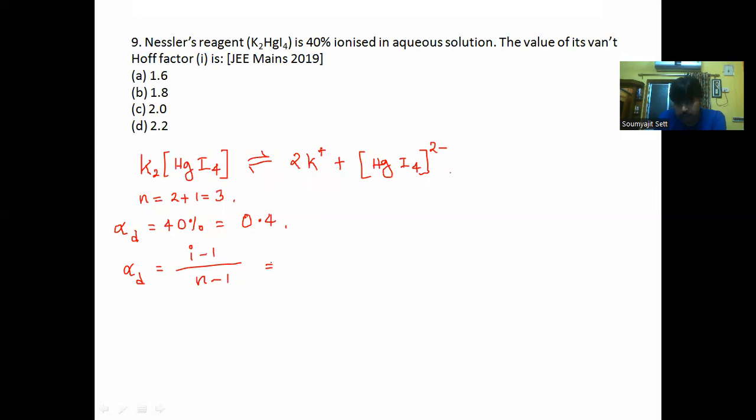Or we can write i is equal to alpha D into (n minus 1) plus 1. So 0.4 into (3 minus 1) plus 1, that is 1.8. So the i value is 1.8. That is option B is the correct one.